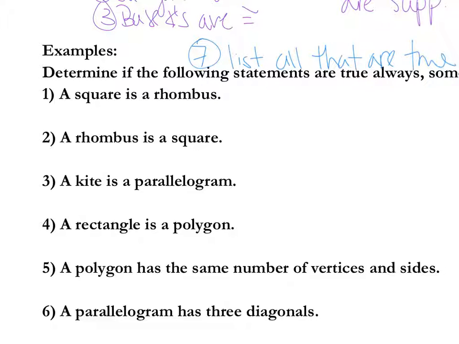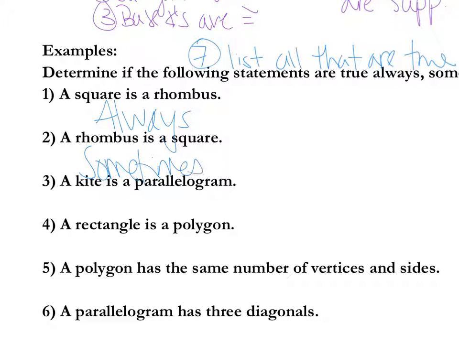All right, a square is a rhombus. Okay? A square contains all the properties of a rhombus. So this is always going to be true. However, not each rhombus is a square.